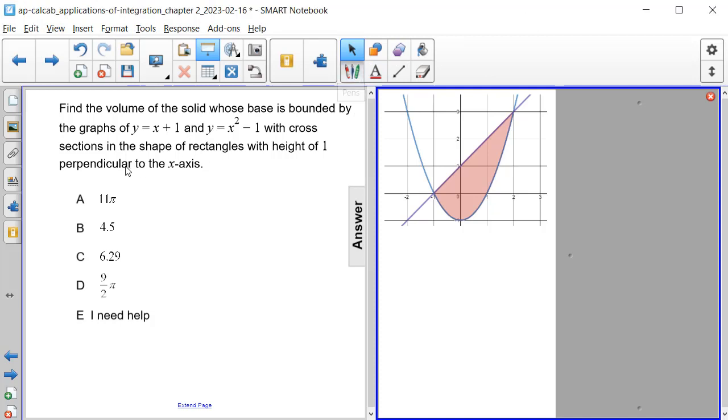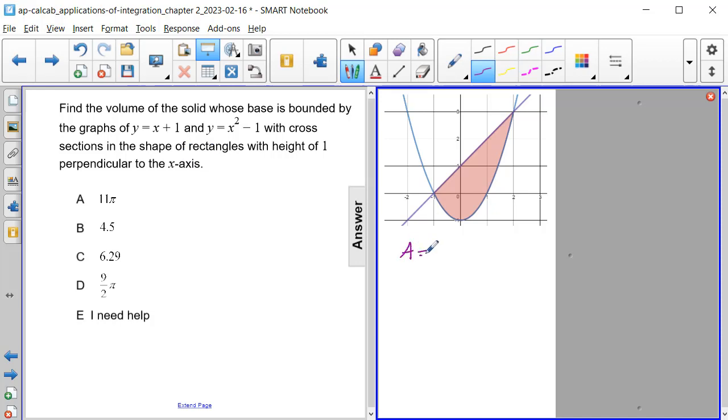Now, since we are using rectangles as our cross-sections here, we're going to have an area that is equal to base times height. Well, the base, if we draw it in, is going to end up being the difference between our line and our parabola.